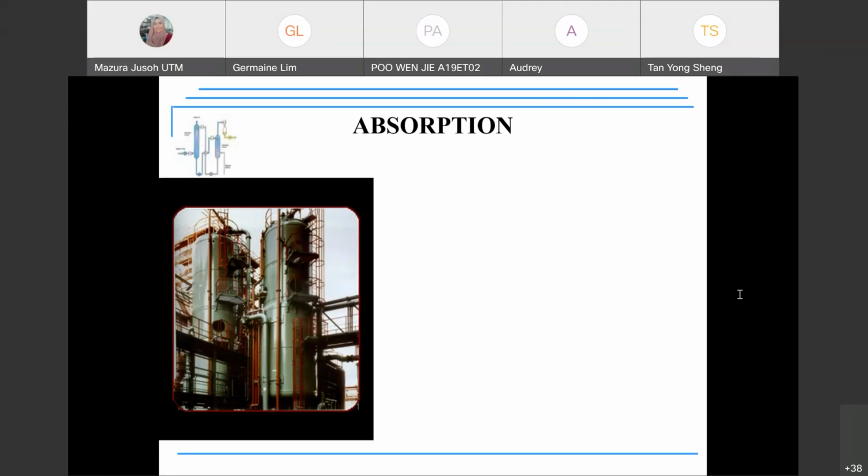You have a gas or air that is less humid, and you want to increase the moisture in your gas or in your air. So you will have to evaporate the water to be in the vapor phase. All right.